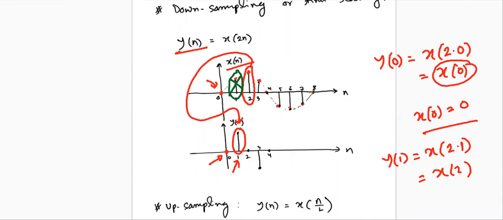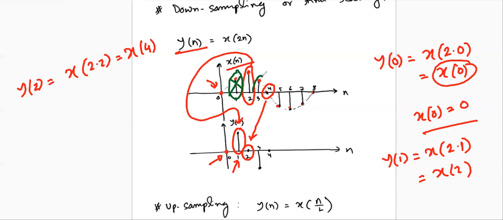Similarly, if we try to find the value at the location of 2, y[2] is equal to x[2 times 2], that is x[4]. Where is x[4]? This is x[4]. That was 0, and that value will be filled at y[2], the location of 2. So you have 0. What about x[3]?